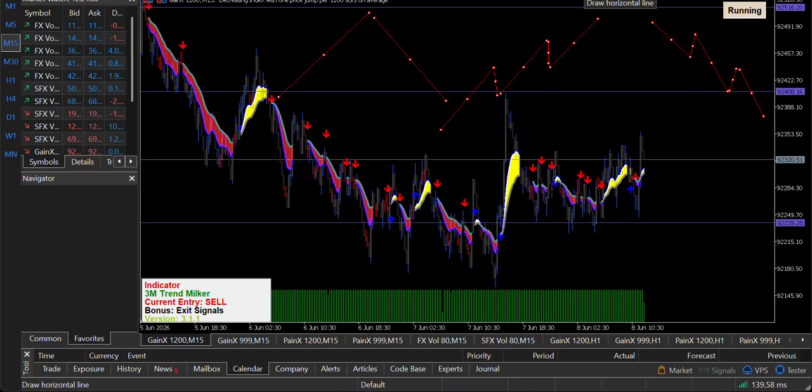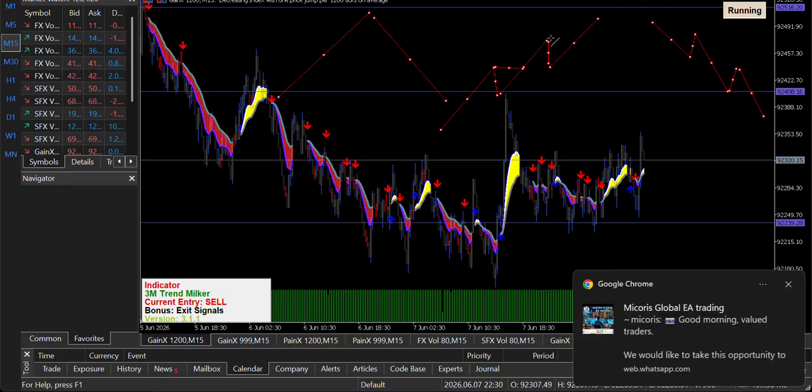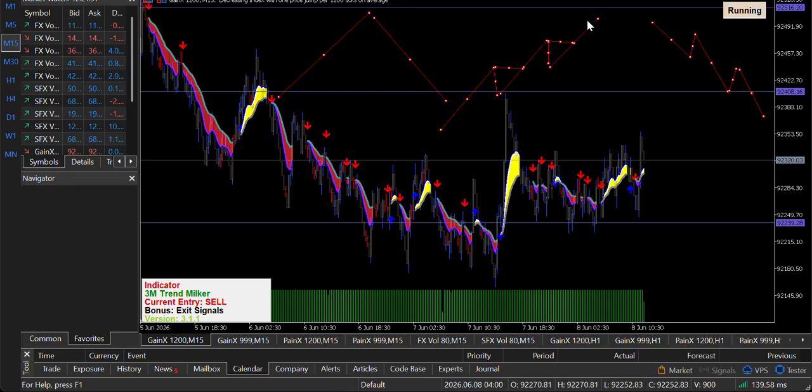It is when it is breaking the structure. You can see it broke the structure at this point, by moving above the last point. This is very important. This is another one. Each time that happens, it means that it's still on uptrend and it is still buying more. So that is how it works.